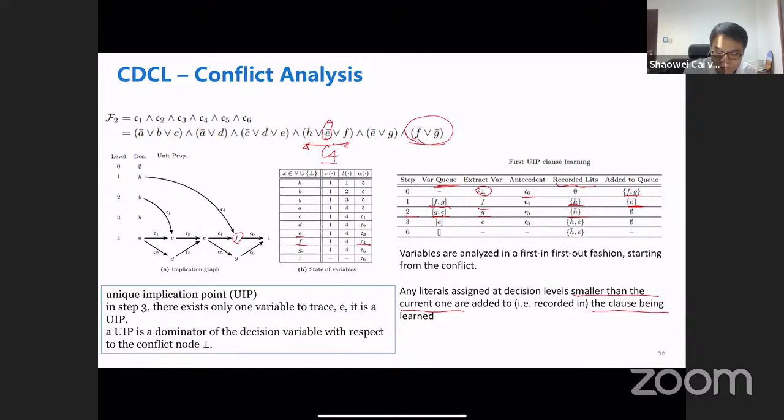We find that the reason clause of G is the fifth clause. In this clause, we do not find a literal to record, and then we analyze E. In this clause too, we do not find anything to add to the Q.